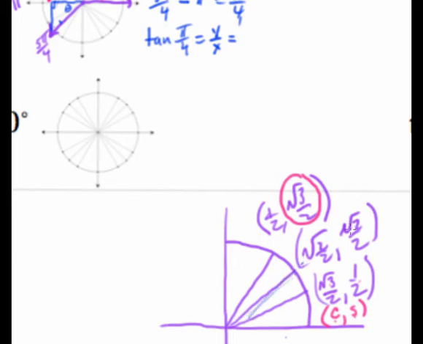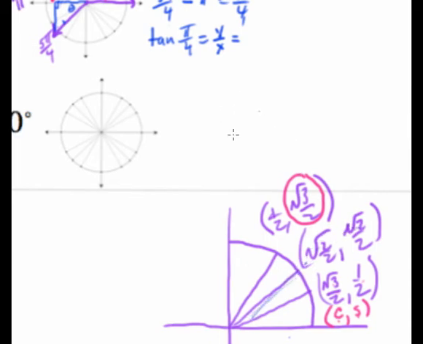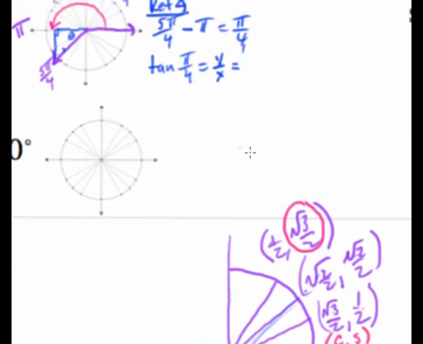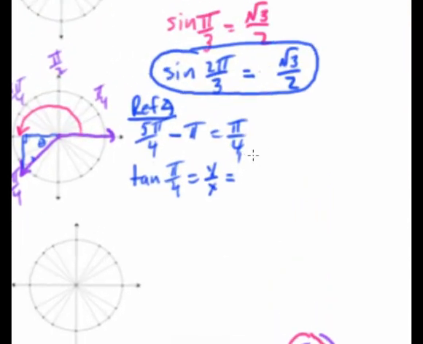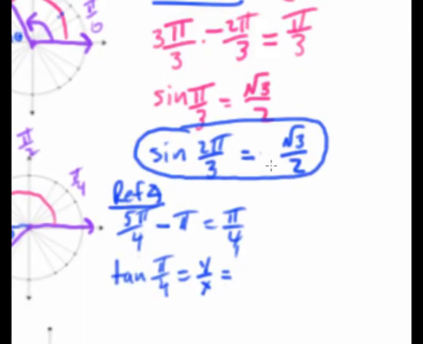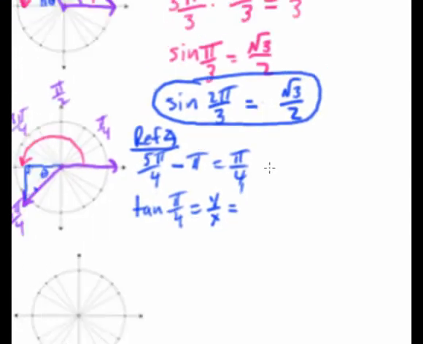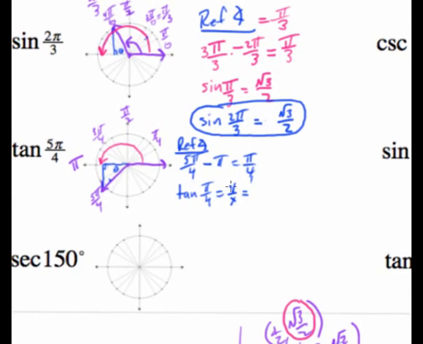Both of those numbers are the same. The y value is square root of 2 over 2. We're going to divide that by square root of 2 over 2, and that's just going to be 1. Now, that's for pi over 4.